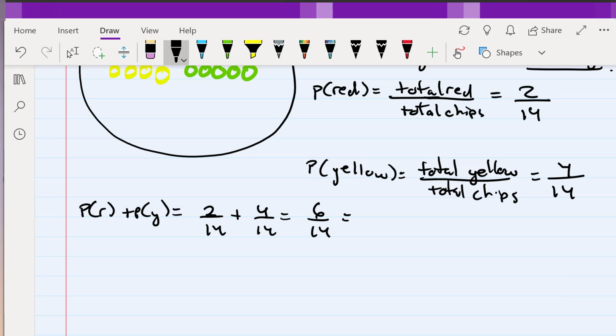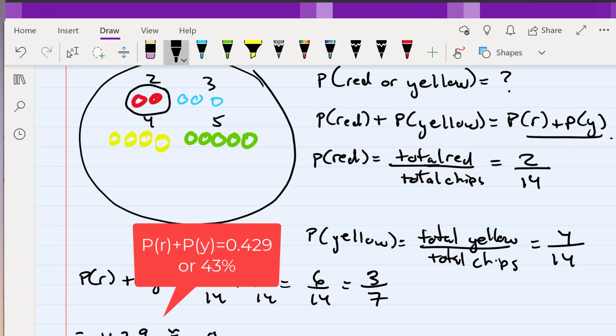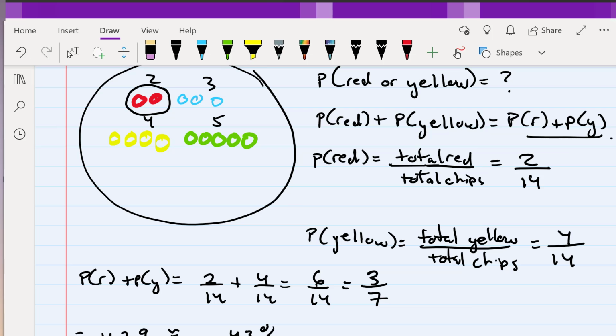Or 2 goes into both. 2 goes into 6 3 times, and 2 goes into 14 7 times, which is approximately 0.429, or around 43%. Sorry for the typo there, 43%. So the probability of choosing a red or choosing a yellow is 43%, just under 50%, or just under half.